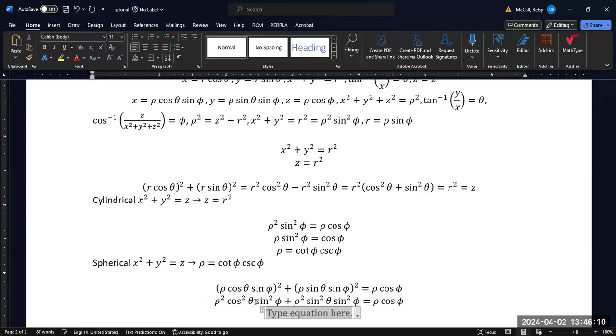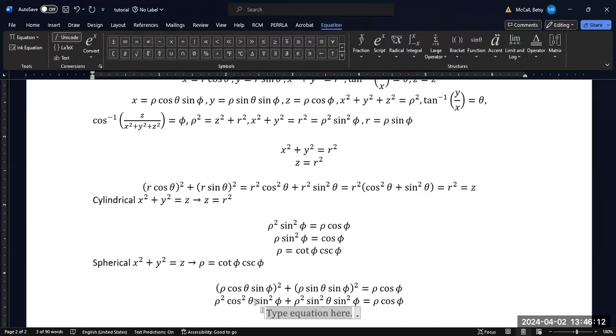But again, we can't leave it like that either. So we take out, what do these two things have in common? Rho squared and sine squared phi. So rho squared sine squared phi, and then we're left behind with cosine squared theta plus sine squared theta equals rho cosine phi.